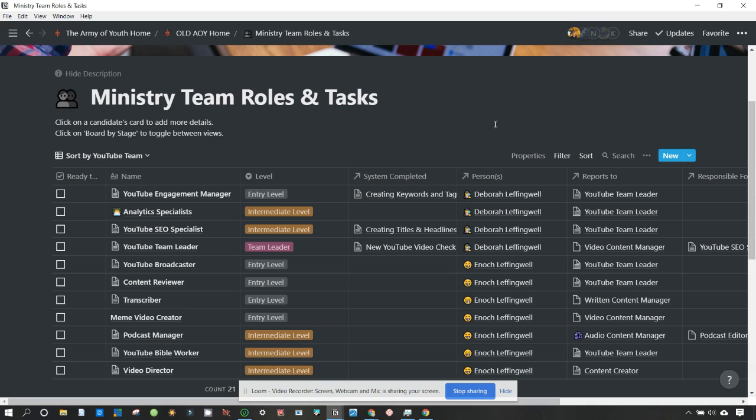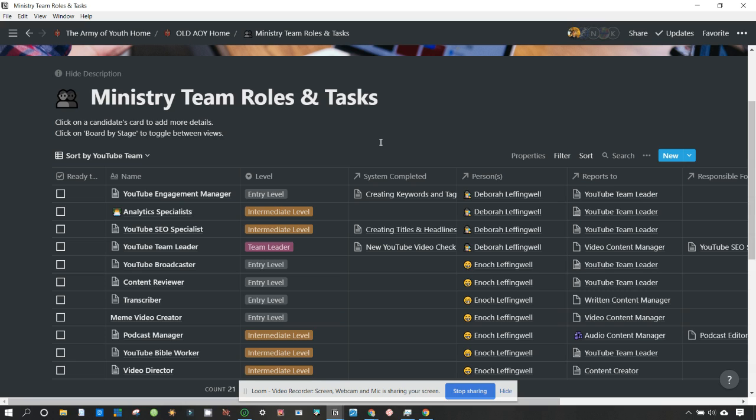So step number 6 is to place your name on the roles and the responsibilities for every single position until you develop your systems. Now I'm going to show you how we did that in this example.